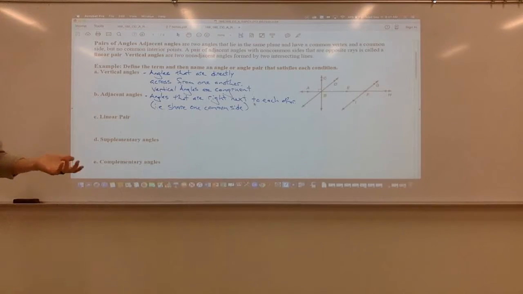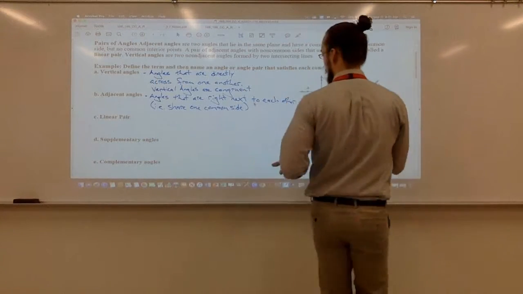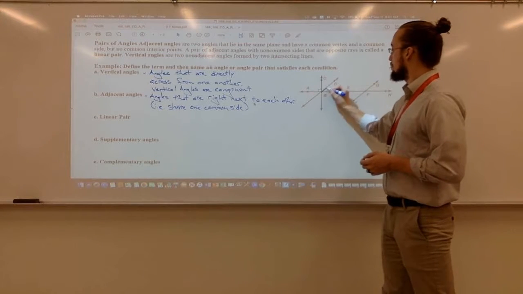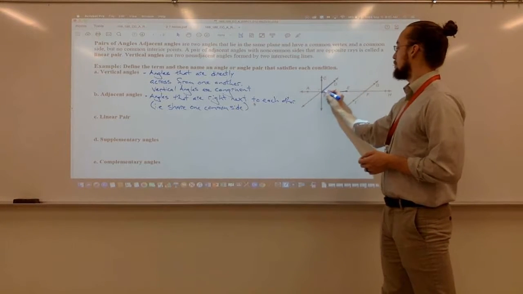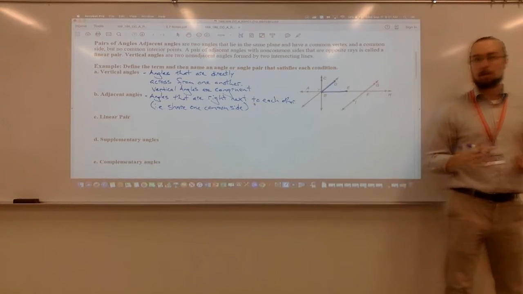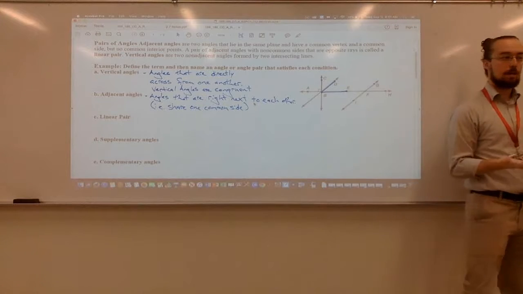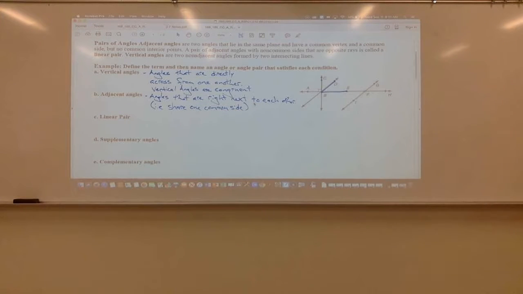So an example of adjacent angles could be CBD and EBD. Two angles that are next to each other that share a side. That would be an example of adjacent angles.